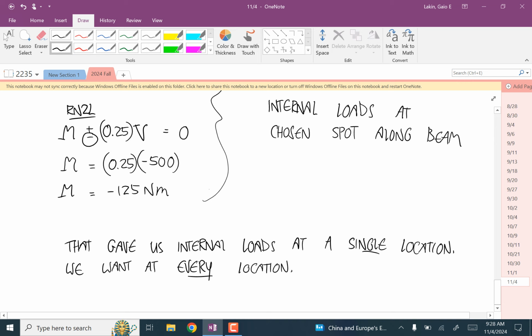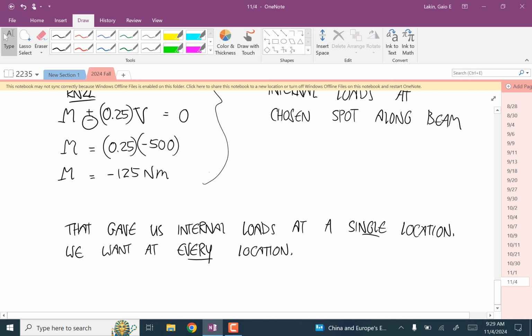Well, numerically on a computer, the way you would do that is you would have the computer do these calculations at 1,000 locations or whatever, and that's less than infinity, but enough to get a sense of what it's doing. But we can also, for these simple cases, come up with these internal loads as functions of x.